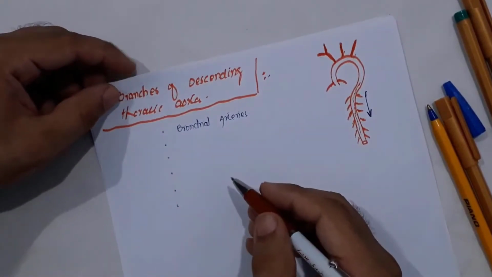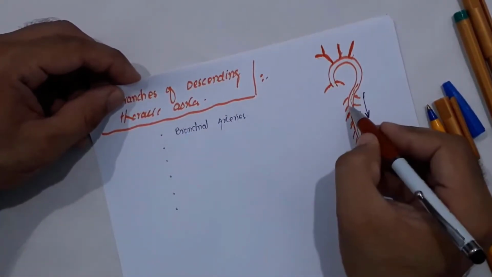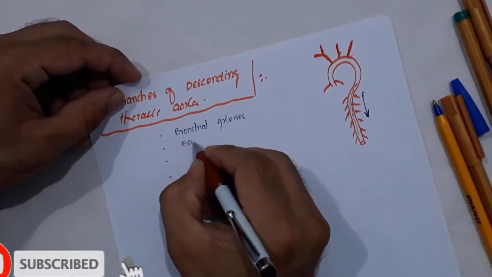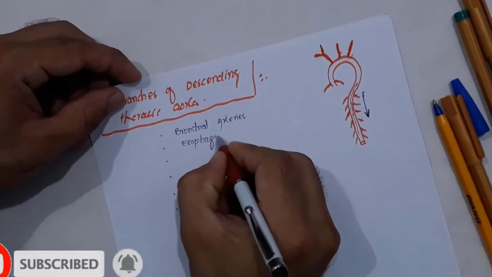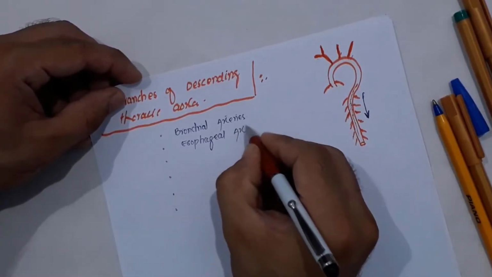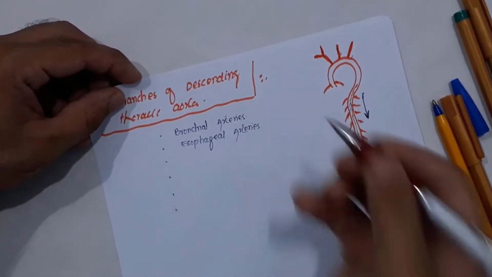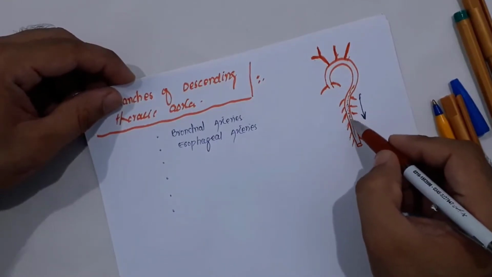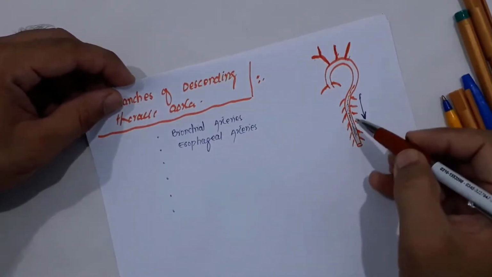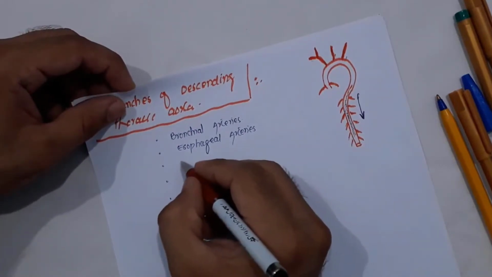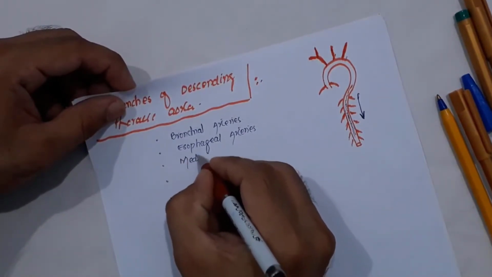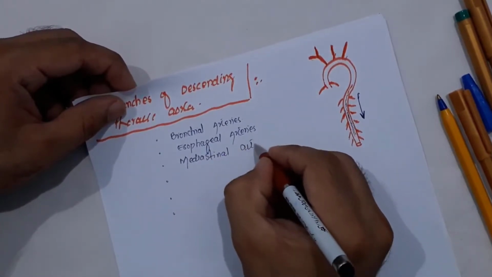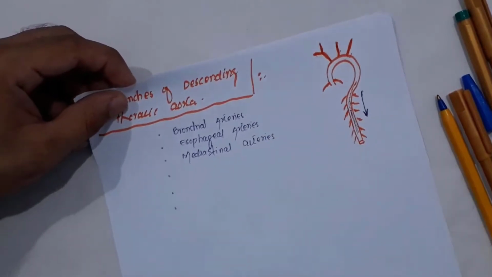Next, the esophageal arteries. Then there is a group of many branches called the mediastinal arteries. We will discuss them.